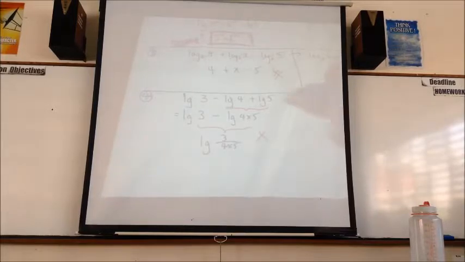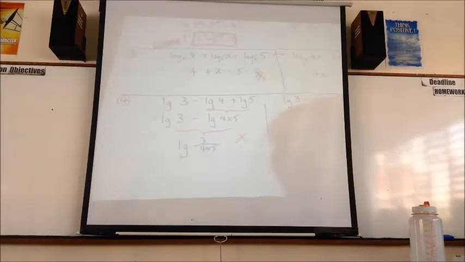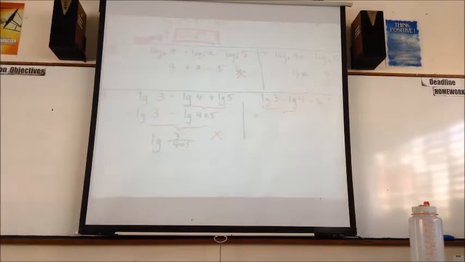My suggestion is you do left to right. I show you the correct one, then you see why it is wrong. If you do from left to right, you actually see log 3 over 4 plus log 5.